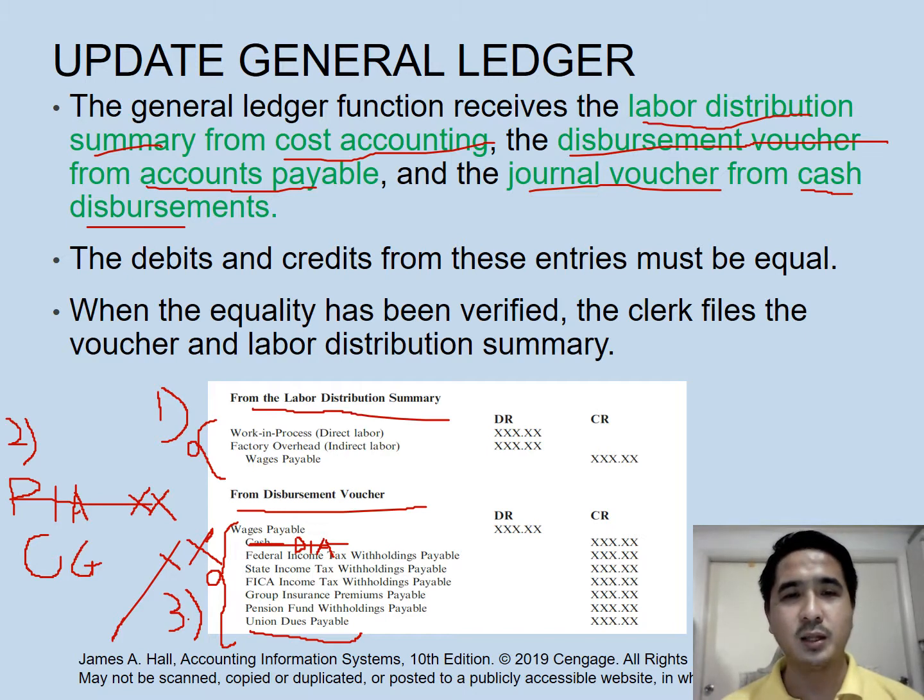So debit WIP, credit wages payable, then debit wages payable and credit the cash, the general account. So that is how it works for the entries. Just to show you that there's really a second entry in which funds are transferred from the cash general account to the payroll imprest account.